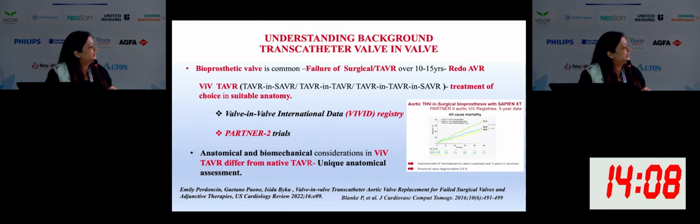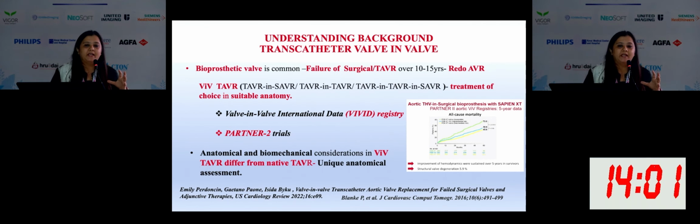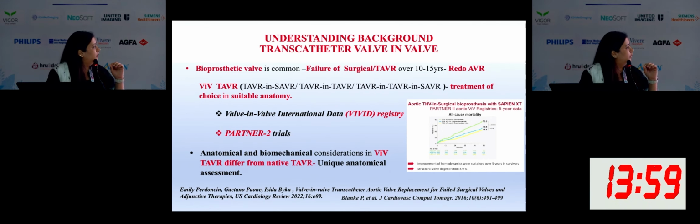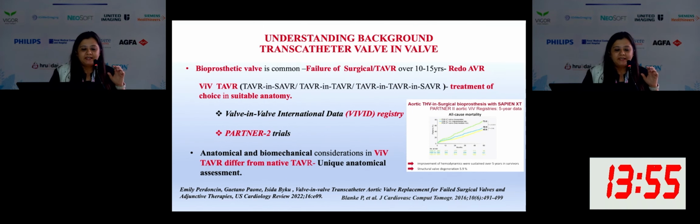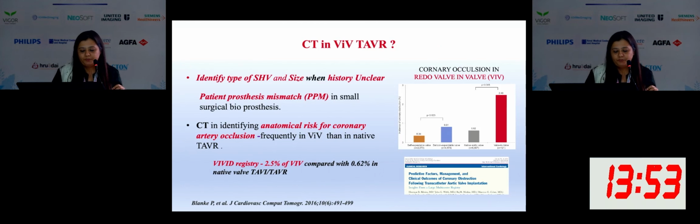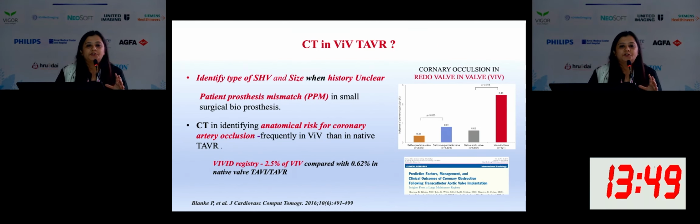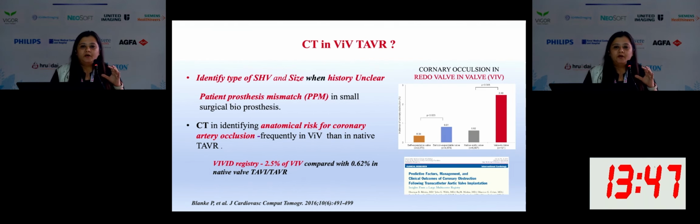Now, why is it slightly different from the native TAVR? Because valve-in-valve has a different anatomy and biomechanical consideration. So what you assess is slightly different from that of the native valves. The most important point is that most of these patients do have a history of the valve which has been put in, what kind of valve and the size.